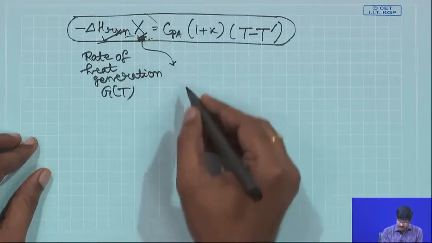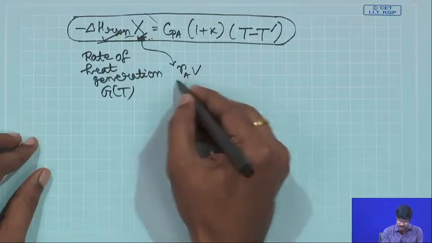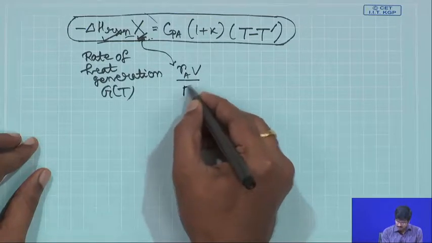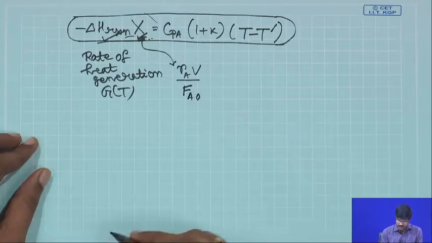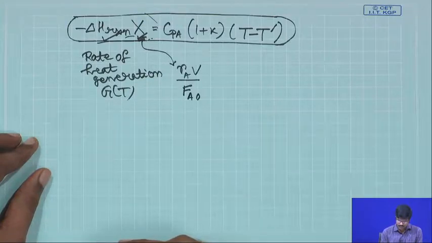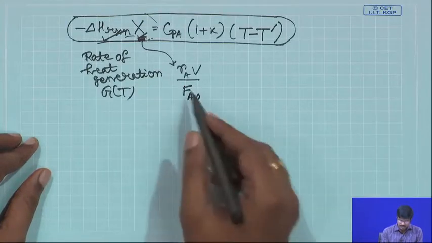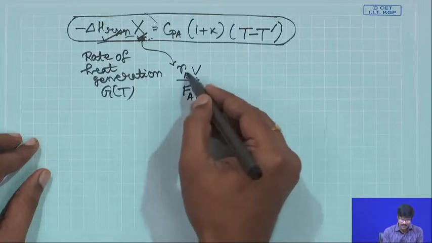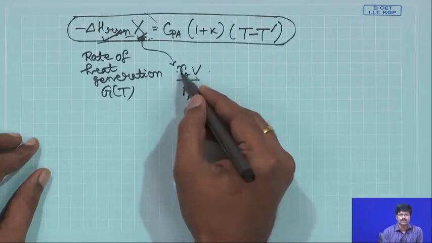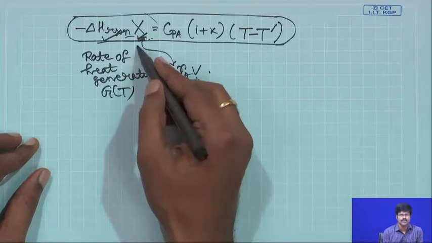This x is nothing but the rate of consumption divided by FA0, because you know it is FA0 minus FA, divided by FA0, which equals x.